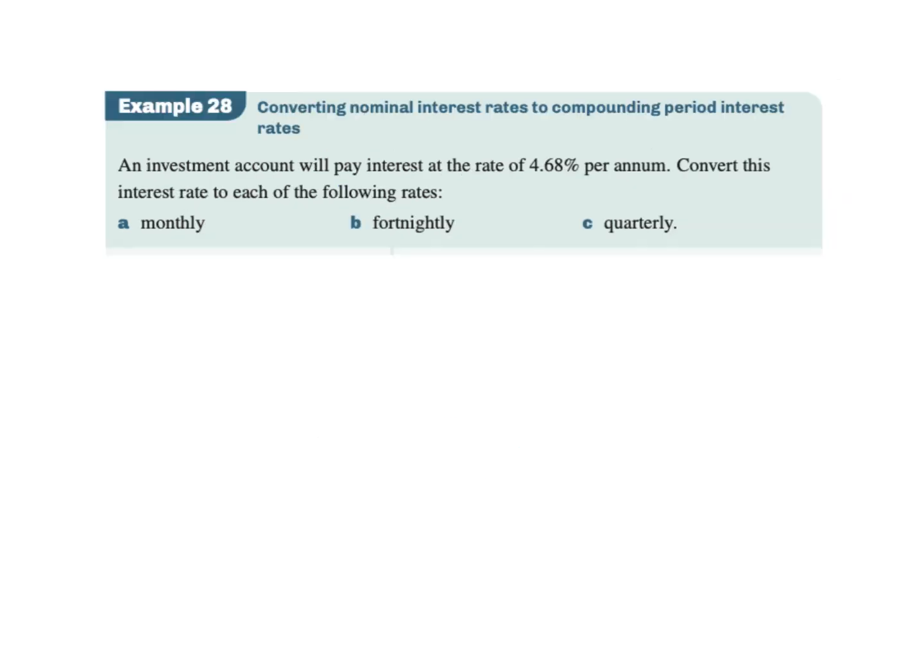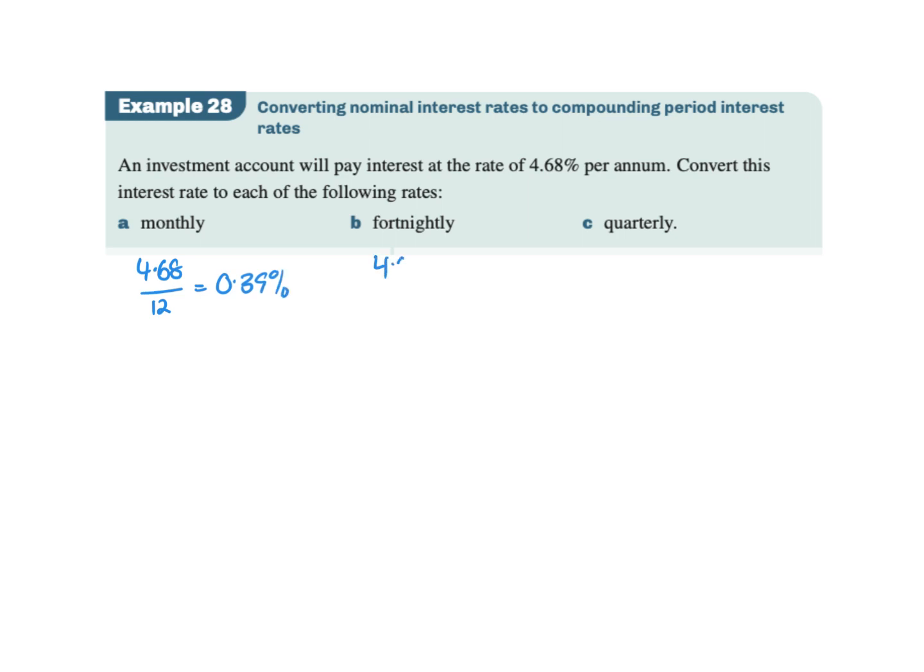Next, an investment account will pay an interest rate of 4.68% per annum, and it says to convert this rate to each of the following. If you want monthly, it's really easy. All they're asking you to do is divide that rate and find the monthly rate. If it's monthly, divide by 12.